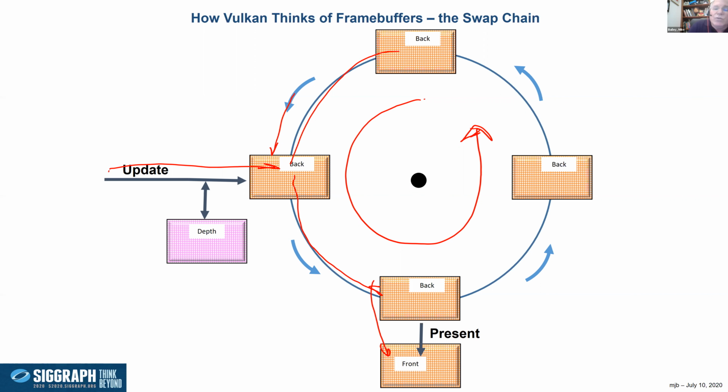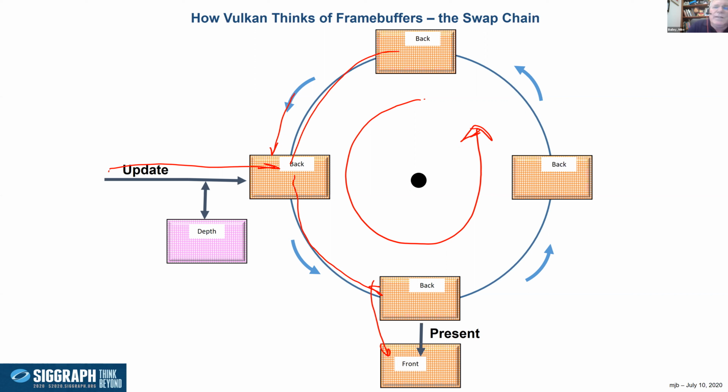So if there are only two of them, it would look like OpenGL. But this gives you more flexibility because there's much less need to synchronize the front and back buffer. If you're ready to render before, or if the presenter part is done before you're done rendering, you can handle that.